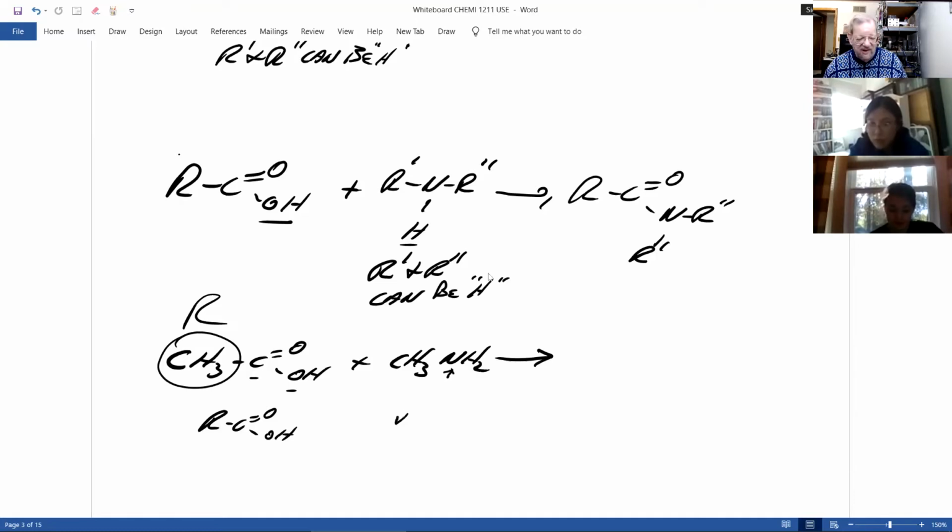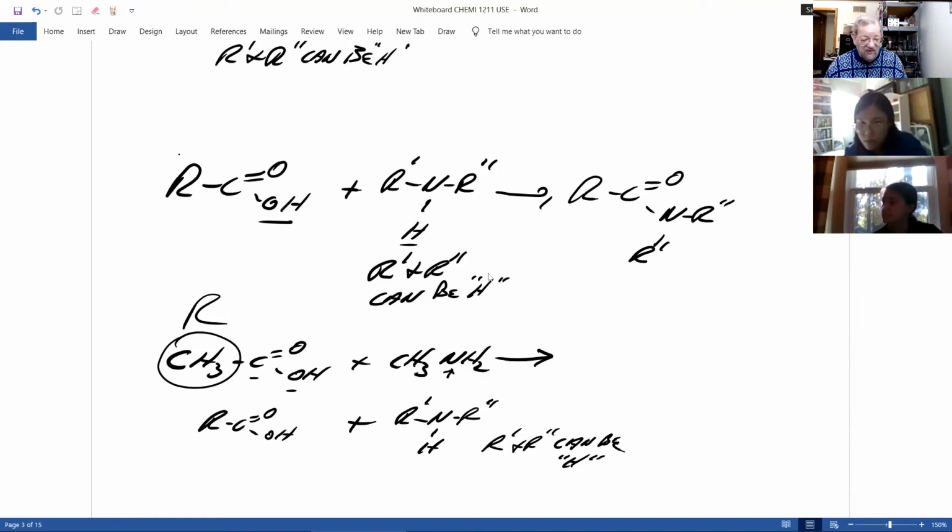And it's an amine, which I can write like this, where R prime and R double prime can be hydrogen atoms. In this case, one of them is. I'll call this R prime, and one of these hydrogens R double prime. And what do you get? You get an amide.